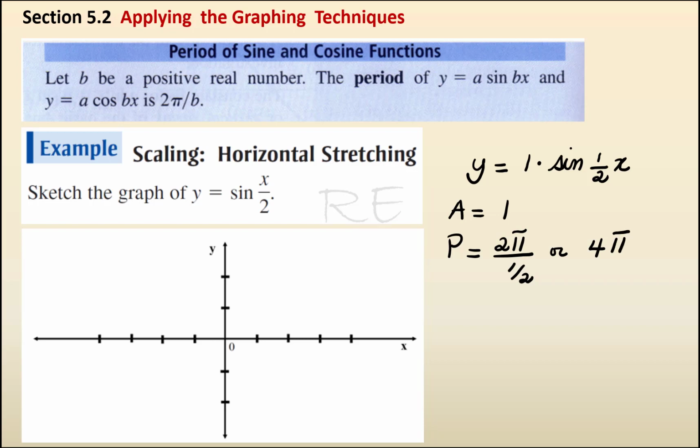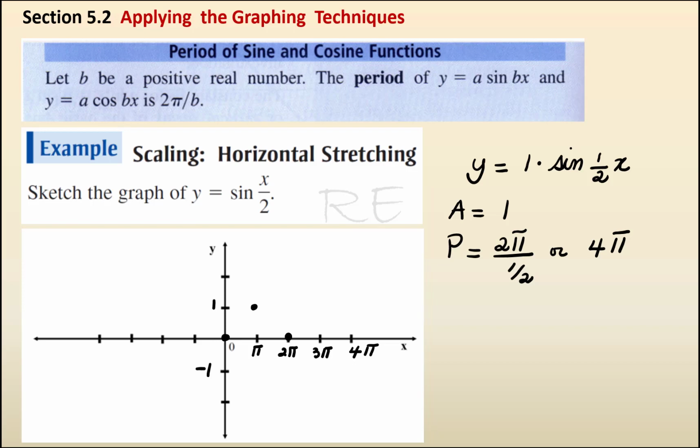Now we're going to subdivide the x-axis into 4 equal parts. So it's going to be pi, 2 pi, 3 pi, and 4 pi. 1 and negative 1, the amplitude.